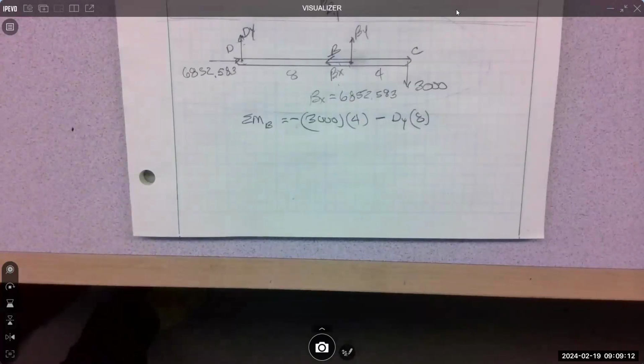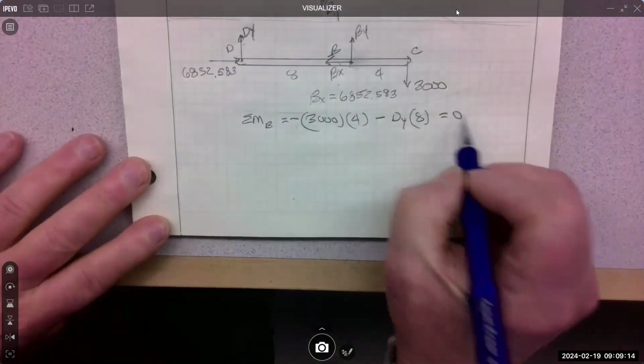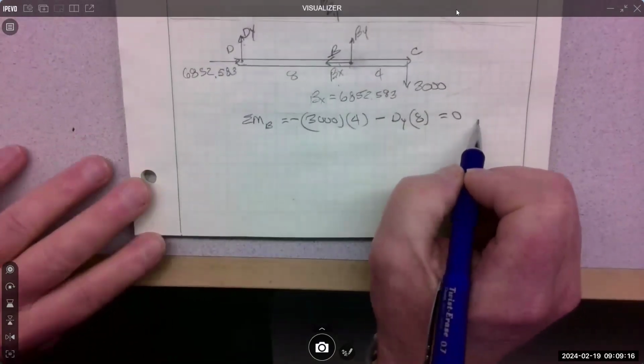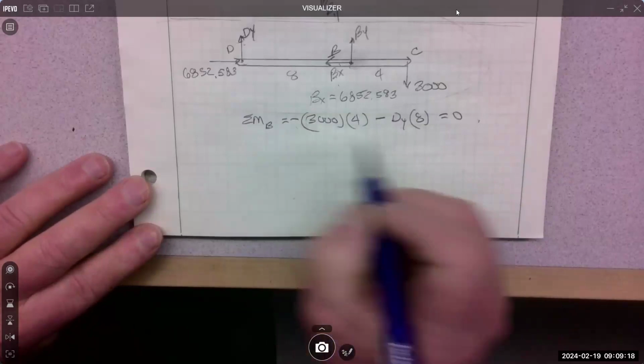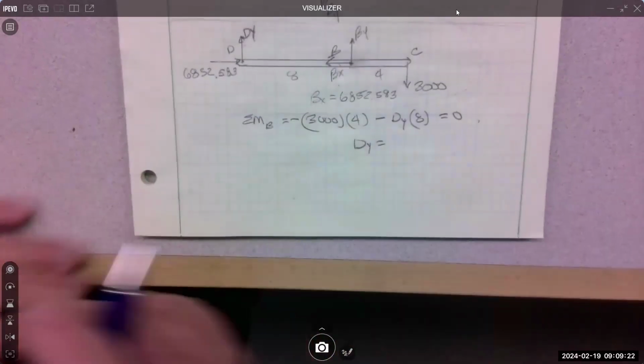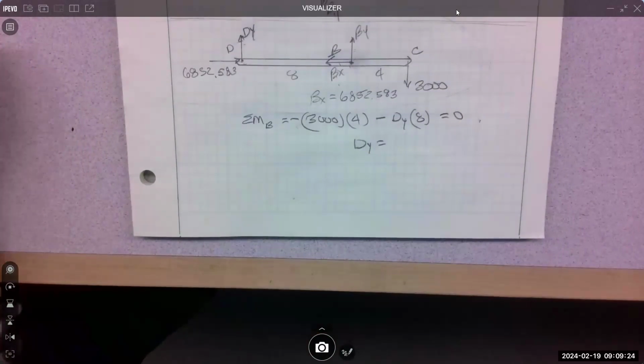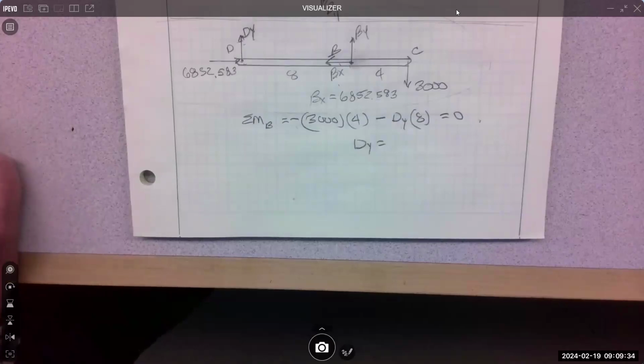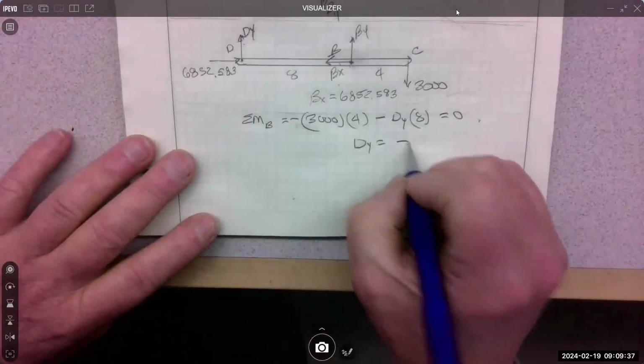But we'll let the math solve it out, set it equal to 0. This goes to the other side, becomes positive. We're going to end up with a negative number. DY equals 1,500. Negative.